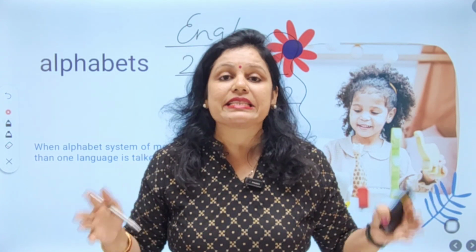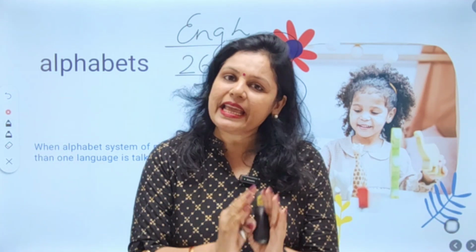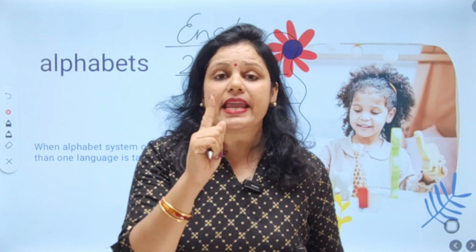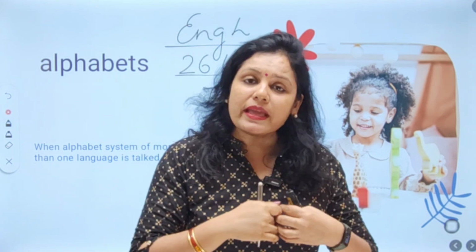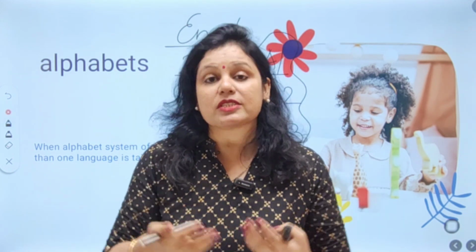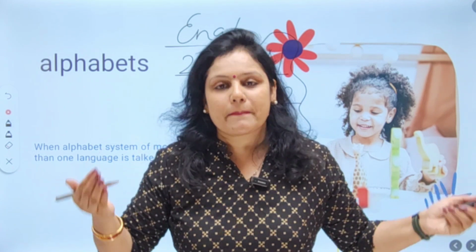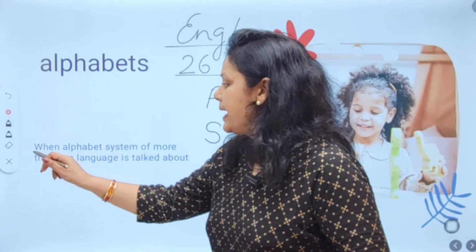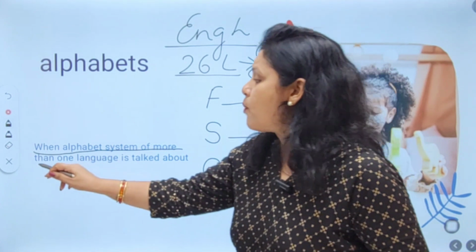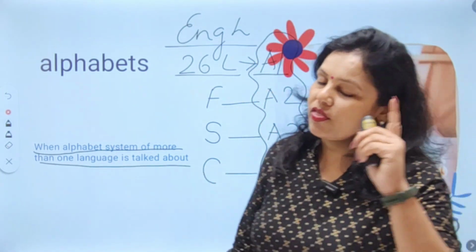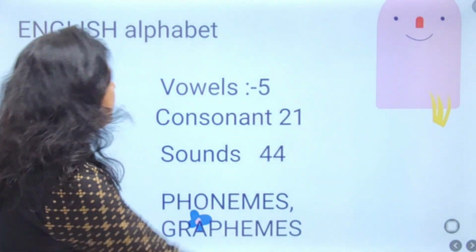So in the English language we have only one alphabet, but when we consider many of the other languages we may call them alphabets. So when we are talking about the system of more than one language, only then is it known as alphabets.